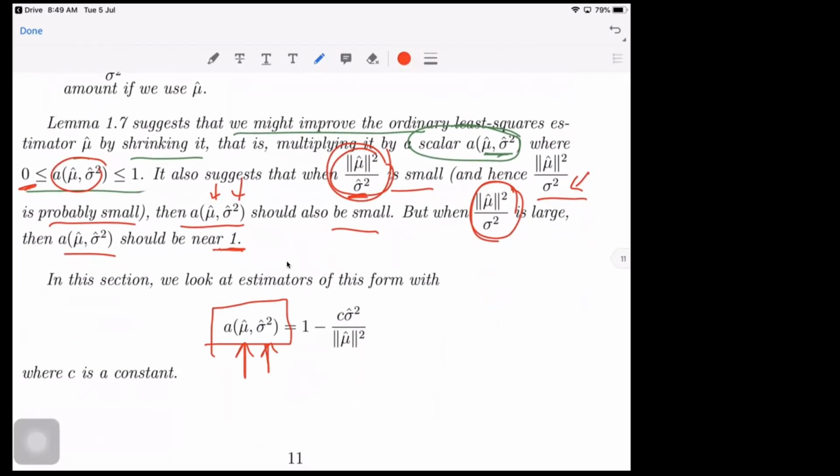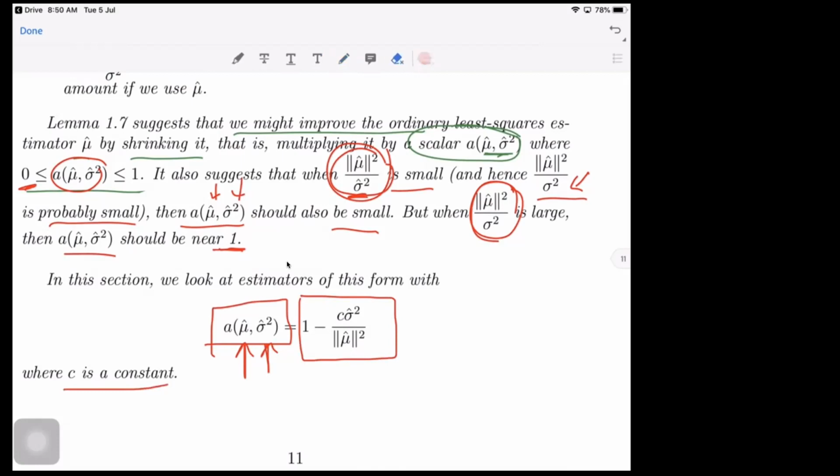So in this section, we look at estimators of this form. This is what James-Stein got for the scalar. Its form is 1 minus C sigma hat squared over the square norm, or the length, of mu hat, where C is a constant.